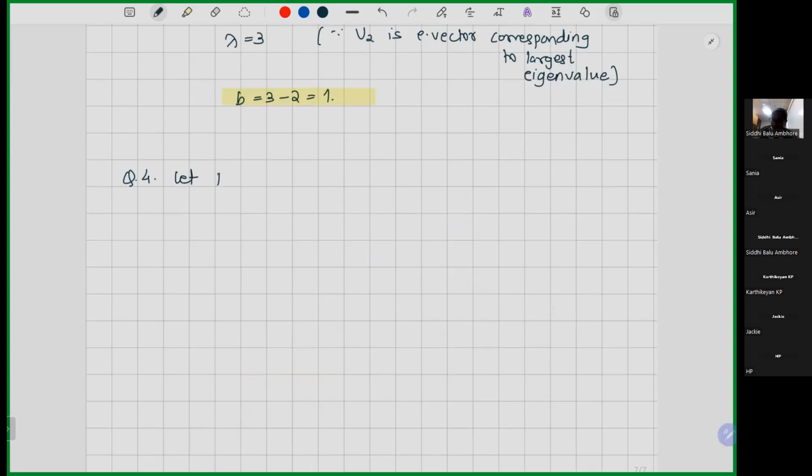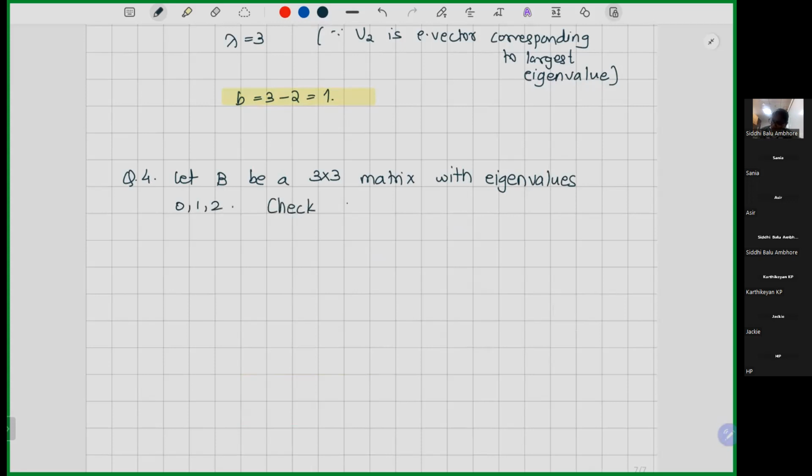Let B be a 3 cross 3 matrix with eigenvalues 0, 1, 2.